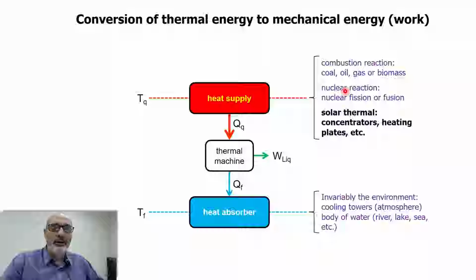We also saw nuclear reactions, and today we're going to consider this possibility here. We have sun energy, which is captured and concentrated, and this solar energy will provide the necessary heat to a thermal machine, which will convert it to exergy.